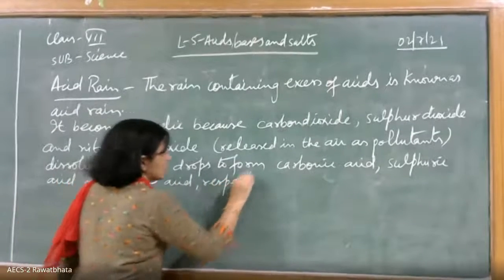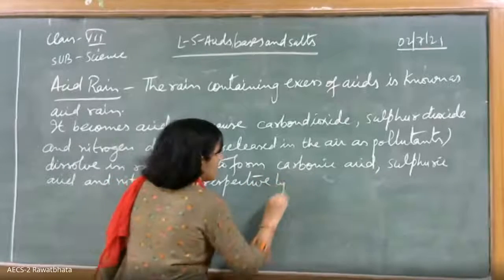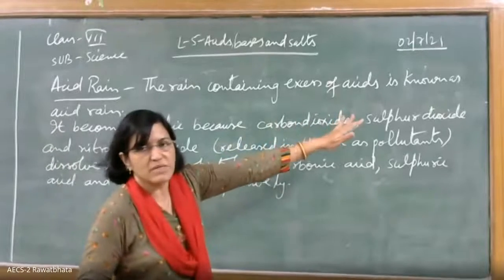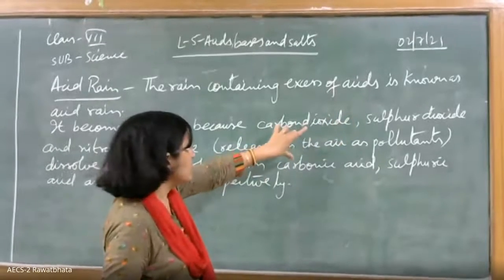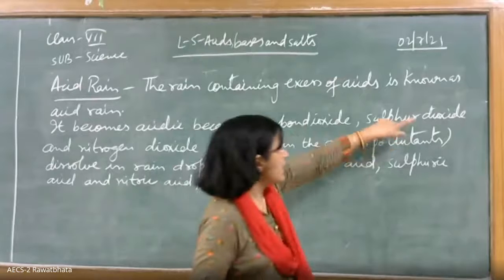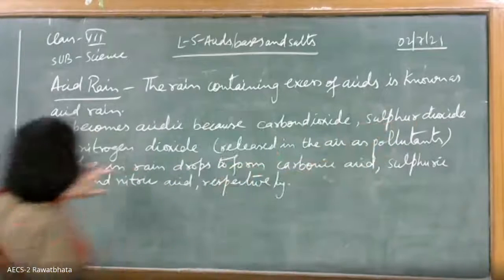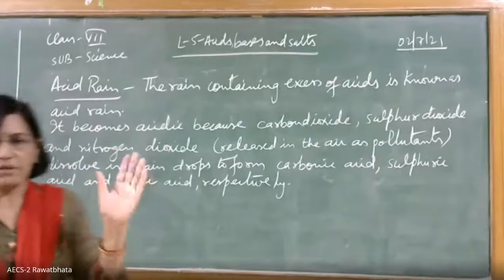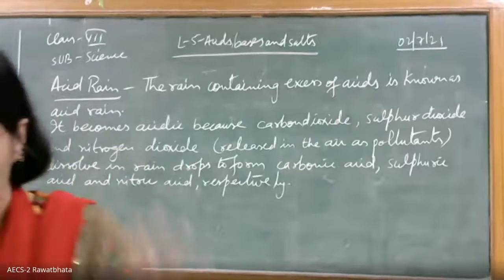CO2 will form carbonic acid. Once you add the term respectively, it means the acids will be formed in the same sequence. Carbon dioxide will form carbonic acid, sulfur dioxide will form sulfuric acid, and nitrogen dioxide will form nitric acid. Respectively, and that should be the same sequence.